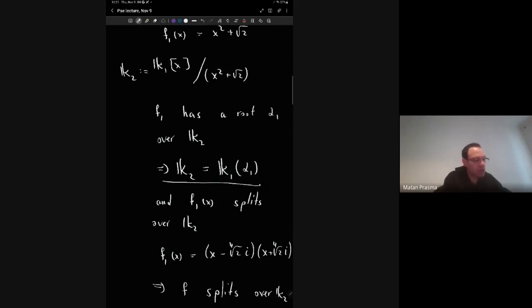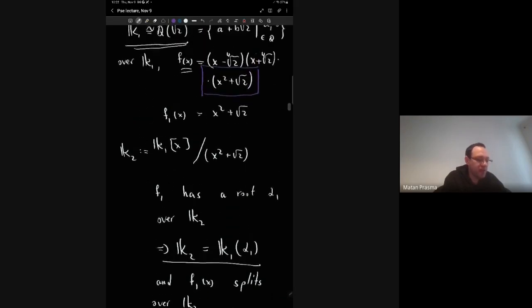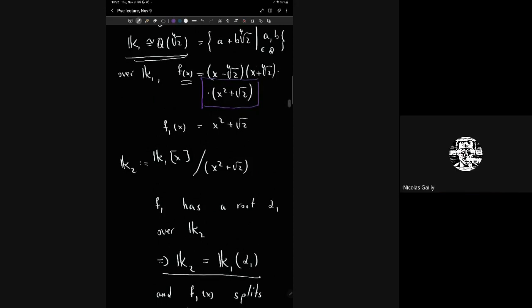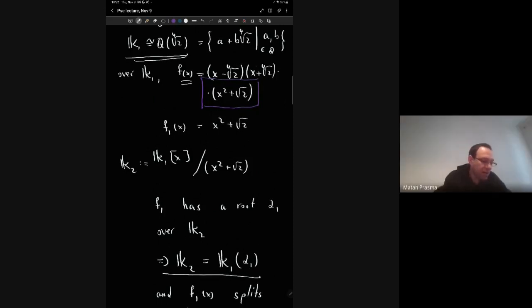K2 is: you take K1, you take whatever is left after you split off linear factors from f in K1, we call it f1, and you mod out by it.